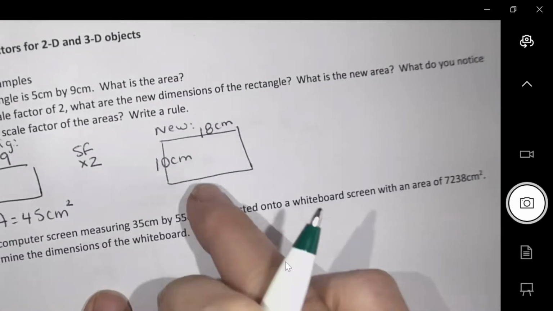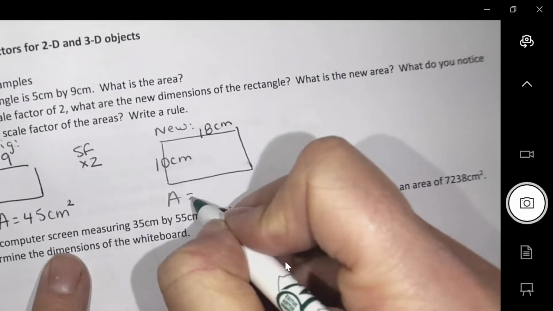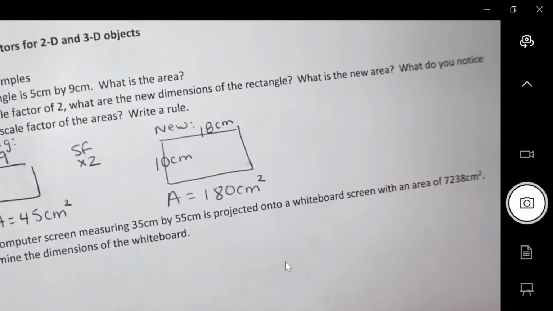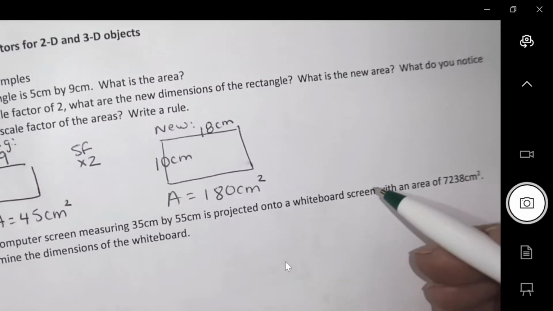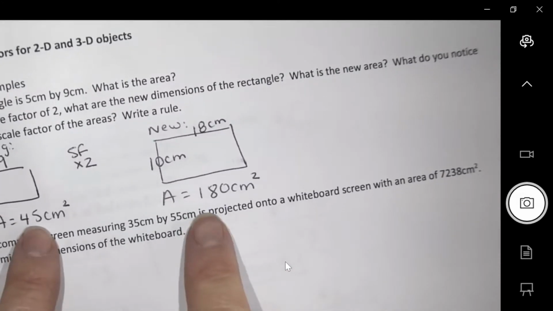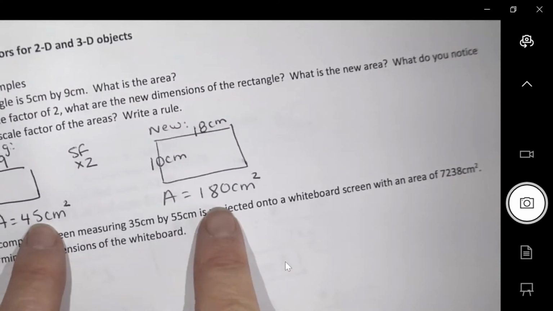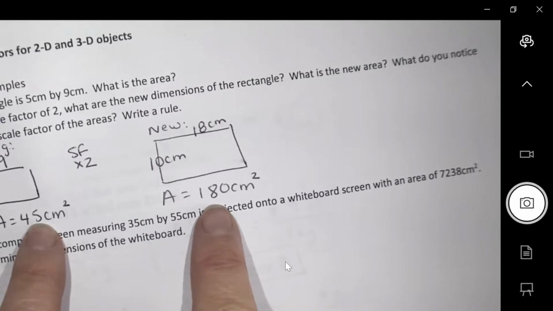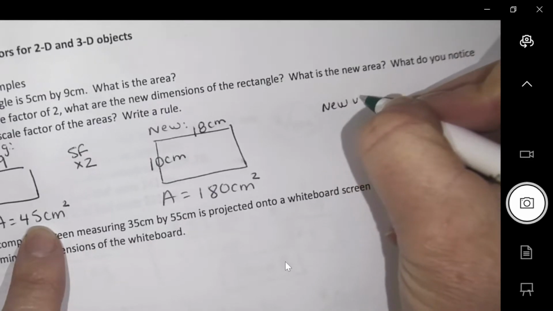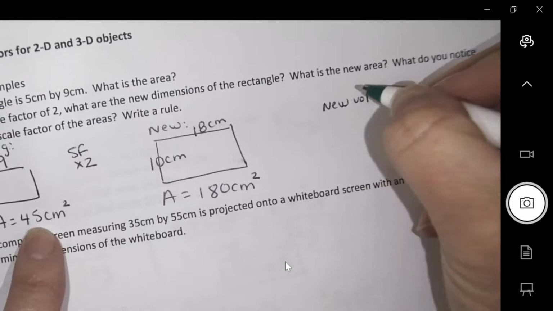What's the area of this one? 180 centimeters squared. What do you know about the scale factor of what happened to the areas? How many times bigger did it get? So I'm going to go new volume, or not volume, let's call that an area.